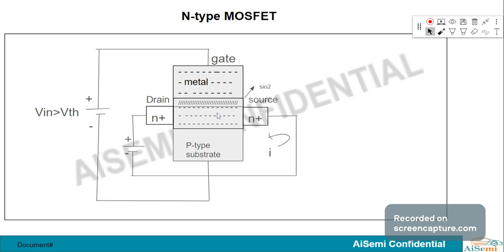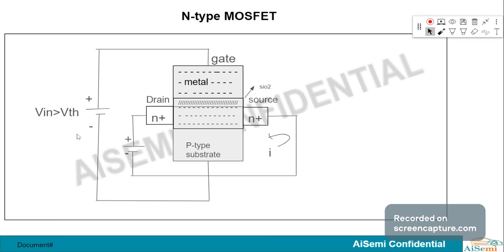The result is the depletion layer decreases and the flow of current is formed. When we apply a certain voltage at the gate, Vgs greater than Vth, then current will flow.